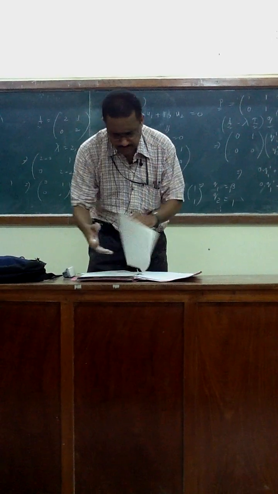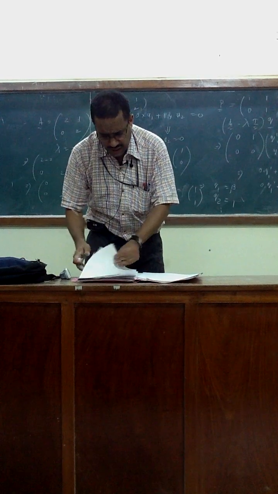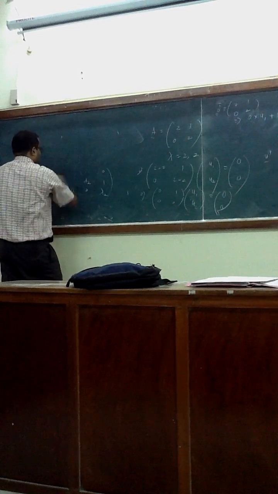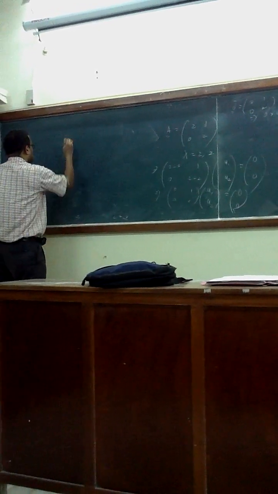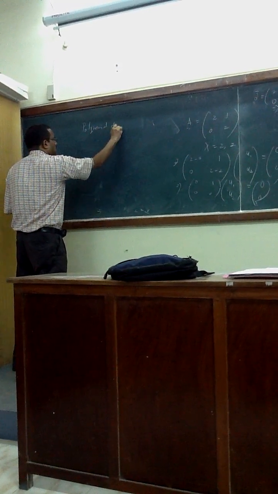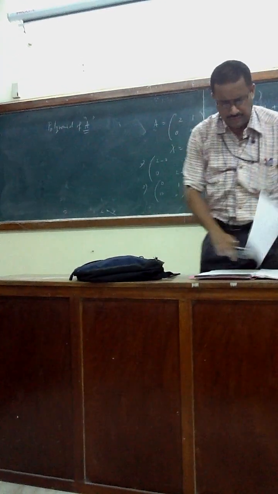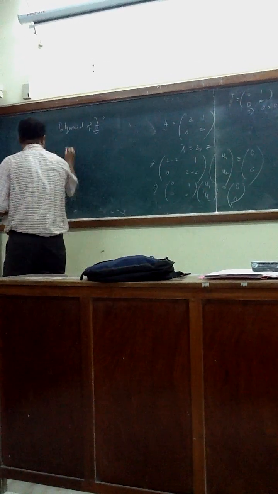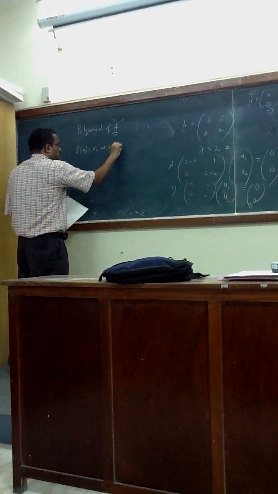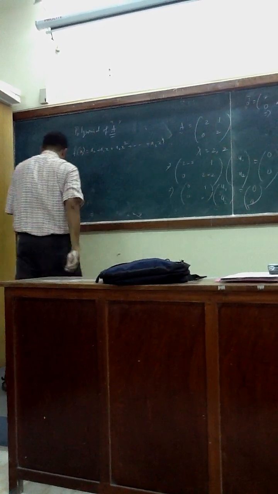So we have done the non-symmetric and symmetric matrices, and let's look at the polynomial of A. A polynomial of x is a0 plus a1 x plus a2 x squared plus up to an x to the power n.